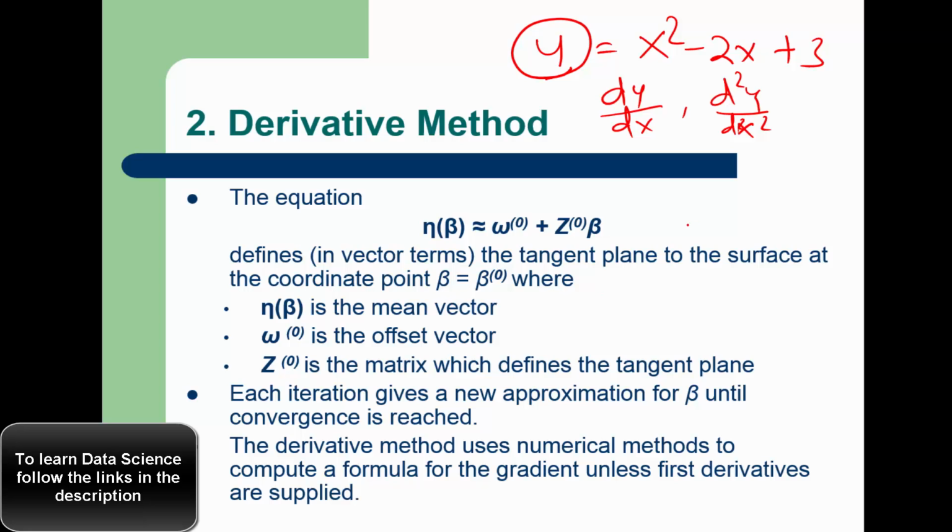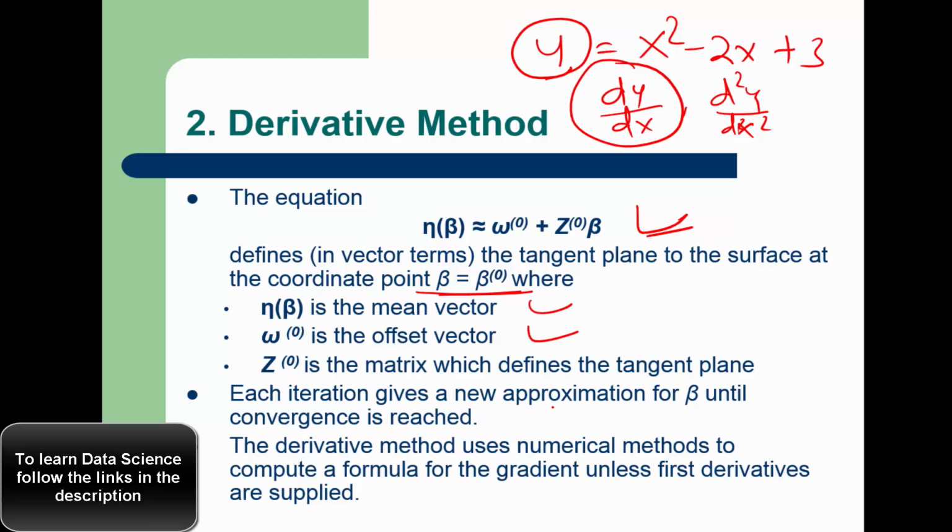So here is the equation and the tangent plane to the surface. The tangent plane is nothing but the first derivative at a coordinate point beta equal to beta naught, where we have a mean vector, an offset vector, and a matrix which defines the tangent plane.